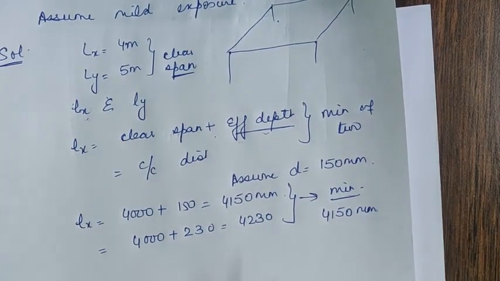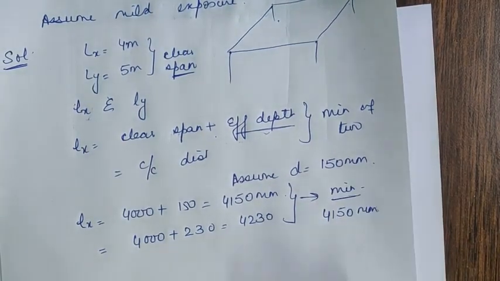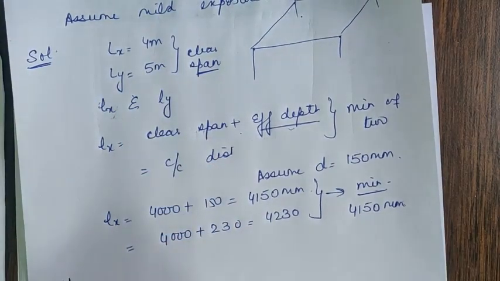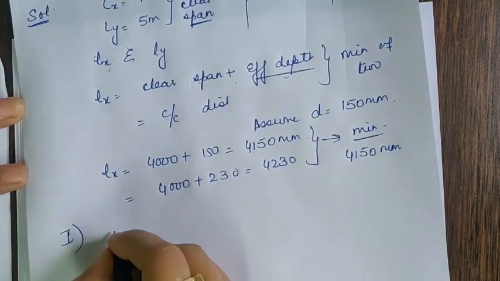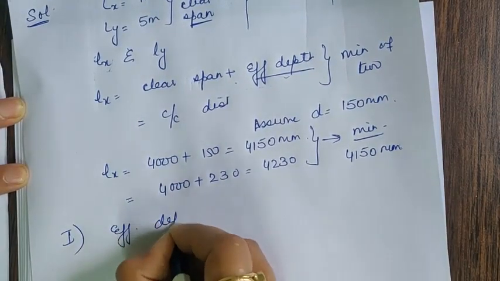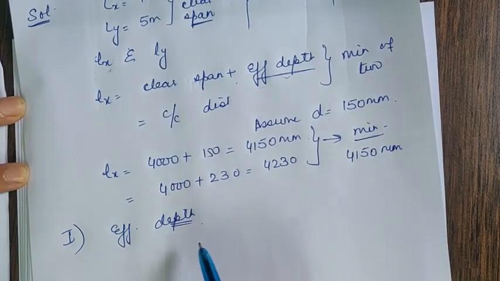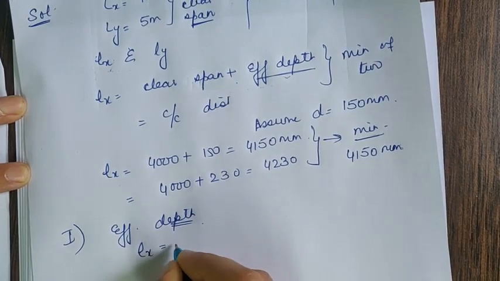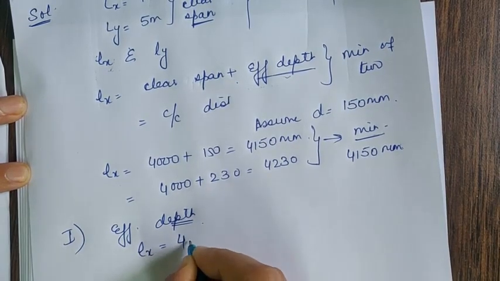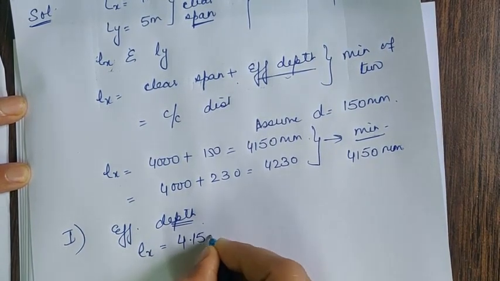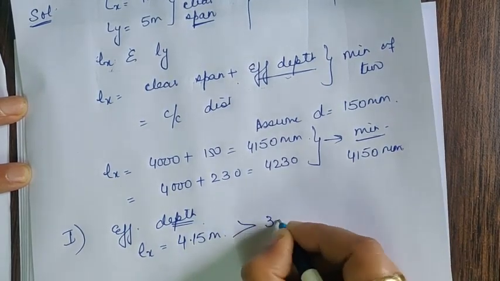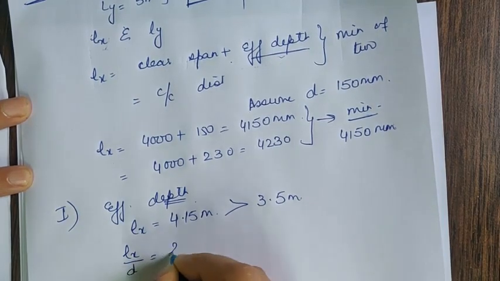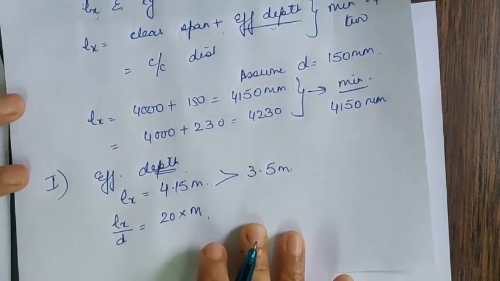Okay. Now what does the clause say to find out effective depth? Your first step was assume effective depth. I have already told you in the steps that if Lx is 4.15 meters, it is greater than 3.5 meters, then Lx by d will be taken as 20 into a modification factor.